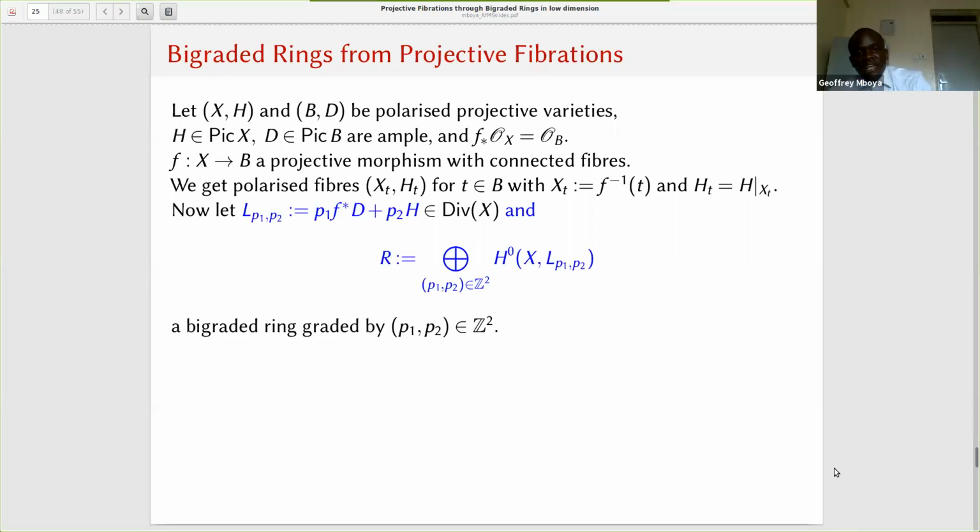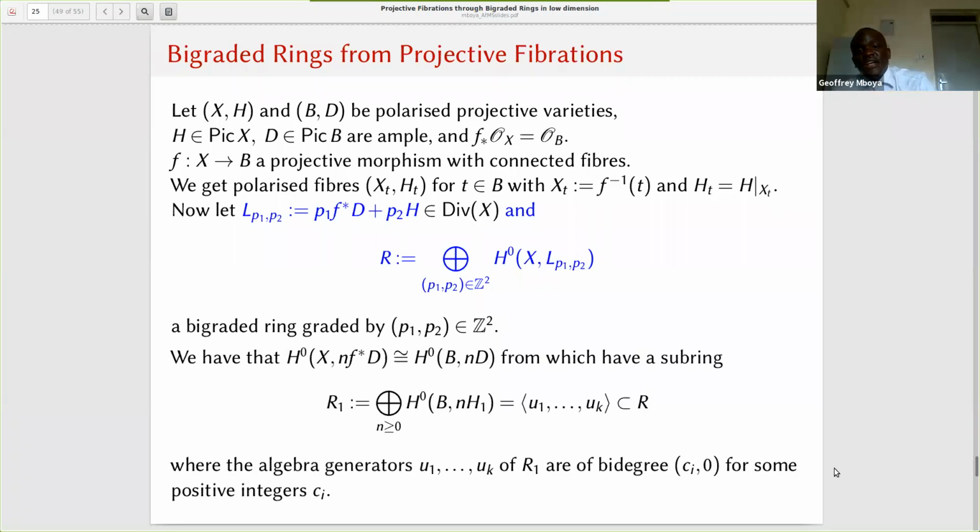So if we define a line bundle L_{p1,p2} by taking p1 amount of the pullback of D and p2 amount of H, then this will be a divisor on X, and this leads to a bigraded ring that is indicated on your screen. And so studying this ring gives us a geometric interpretation or study of how this fibration looks like.